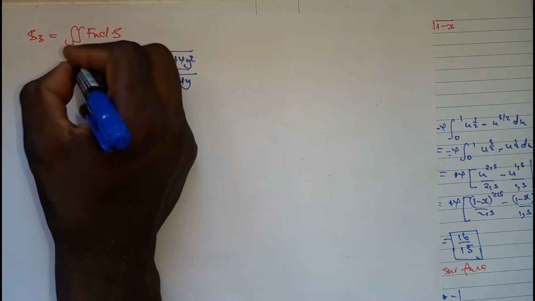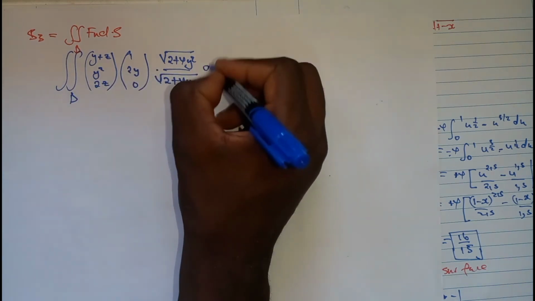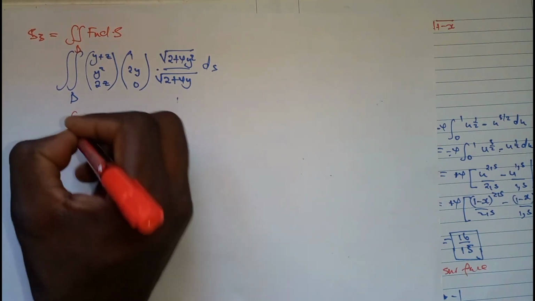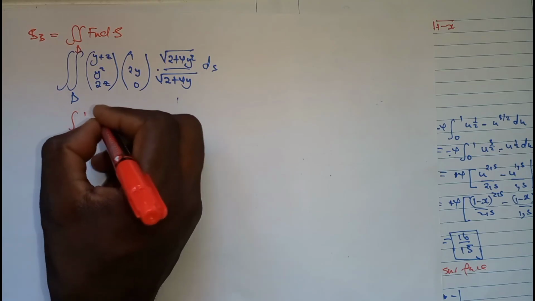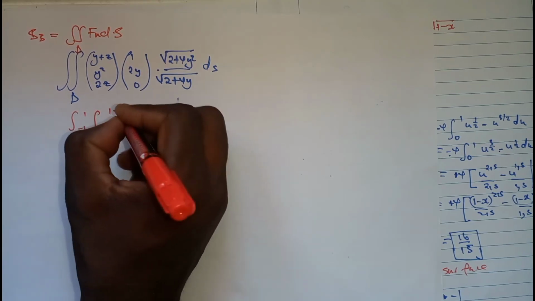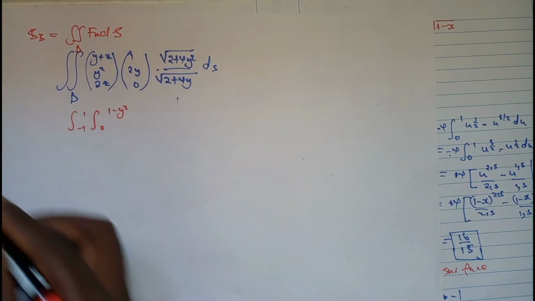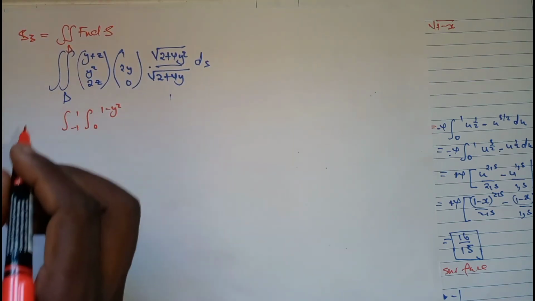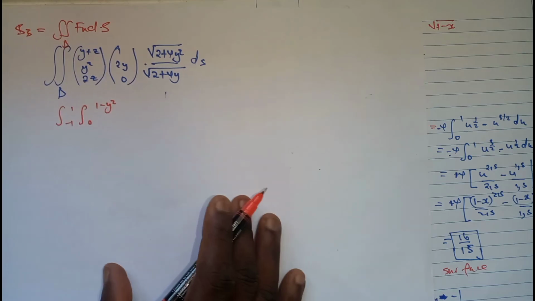I'm going to have the double integral here, and a small ds. So what is going to happen? I'm going to have the limits from negative 1 to 1, and 0 to 1 minus y squared. Since it's circular, I'm not going to use cylindrical coordinates. I think I've told you the reason why.